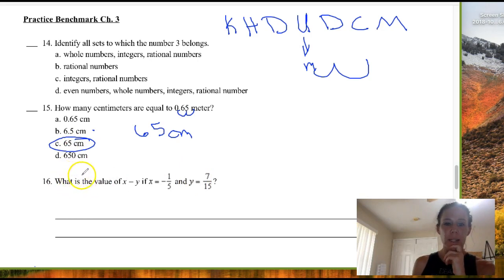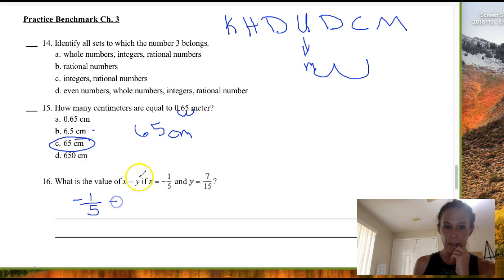All right, number 16. What is the value of x minus y if x is negative 1/5 and y is 7 over 15? So let's go ahead and do this. We want x minus y. So I'm going to plug in negative 1/5 for x, and I'm going to plug in 7 over 15 for y, but I'm minusing it.